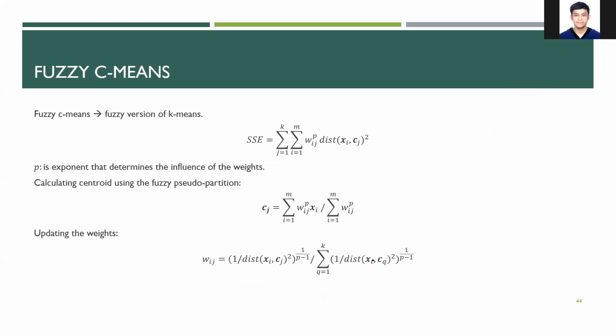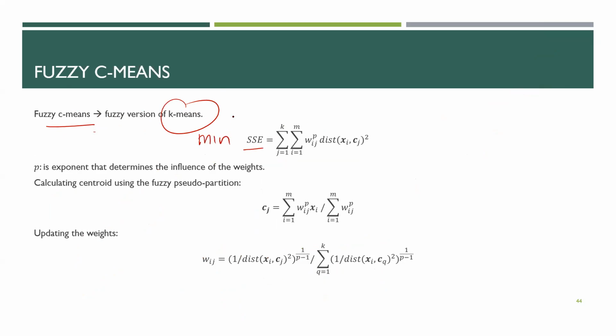So we can start from fuzzy C-means. I think you already know K-means, the simplest one. Fuzzy C-means is the fuzzy version of K-means. In K-means, we consider the SSE. Similarly, in fuzzy C-means, the objective is also to minimize the SSE.